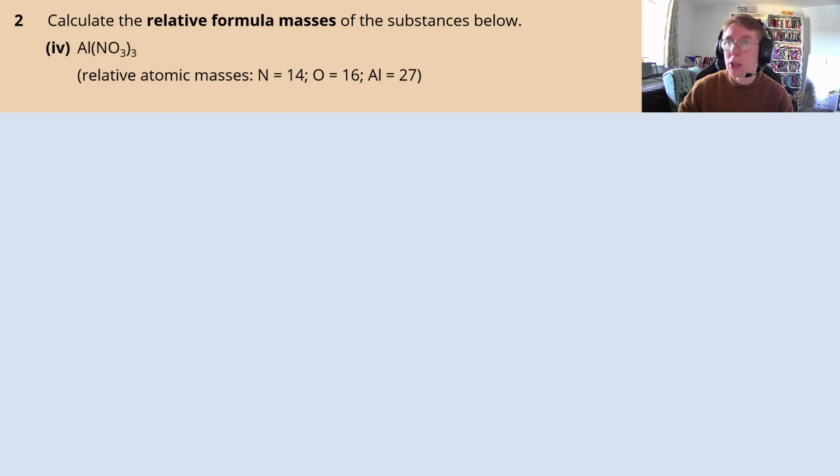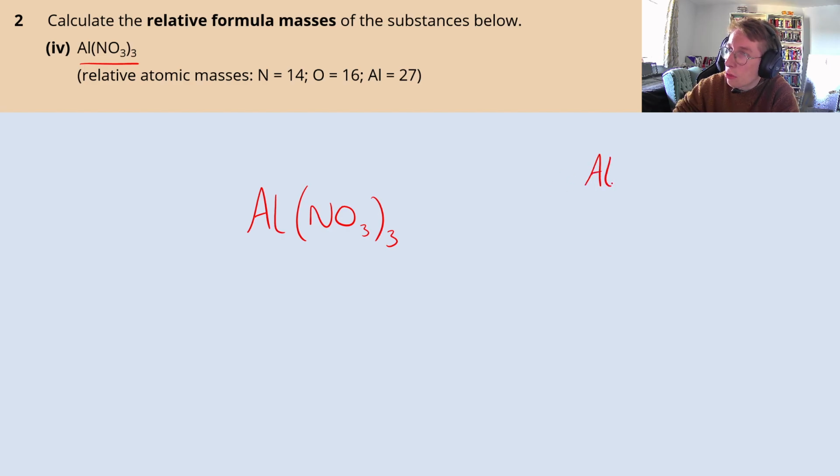Now finally, we'll look at this example. This is probably the trickiest kind of example you could get. This is aluminium nitrate, so Al(NO3)3. So what this is telling us, and once again I am going to write out my formula like I do every single time. This time we've got 3 lots of everything in the bracket.